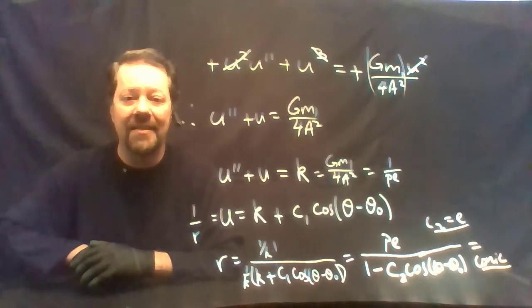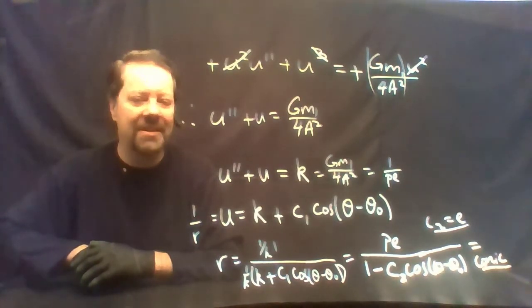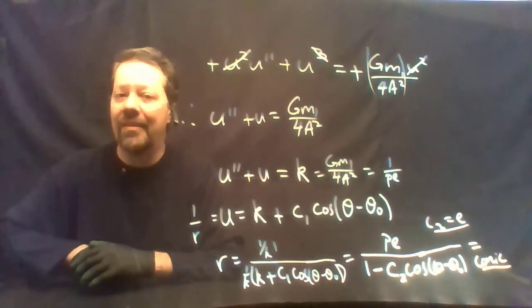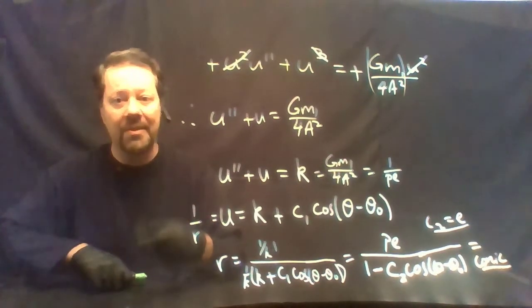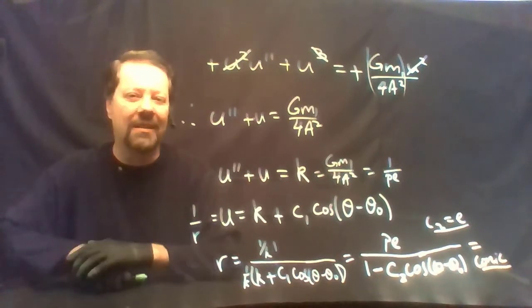This verifies that Newton's universal law of gravitation, his inverse square law, implies Kepler's first law. Planetary motions must follow ellipses. There are only three kinds of conic sections that concern us: ellipses, parabolas, and hyperbolas.